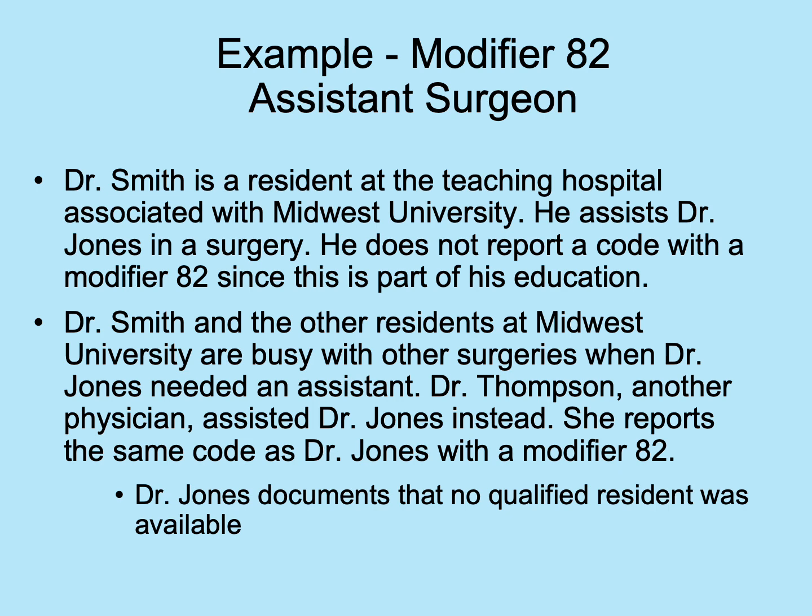She reports the same code as Dr. Jones with the modifier 82. Dr. Jones documents that no qualified resident was available. So you see the difference between these. Dr. Smith is a resident, so he doesn't report the code with 82 because this is his education. Dr. Thompson, on the other hand, is a physician, so she gets to report a modifier 82, but they have to document that there was no resident around to help in this case.